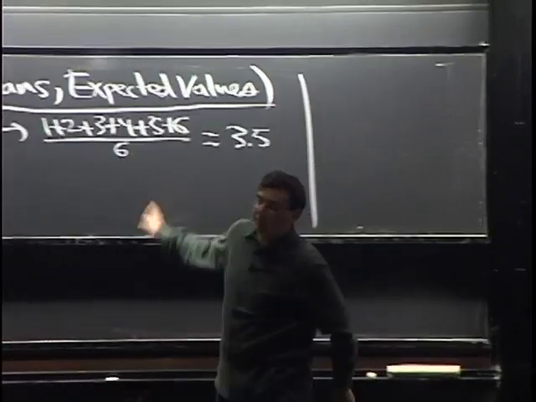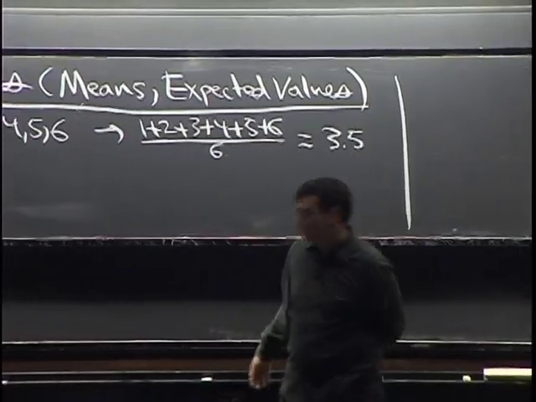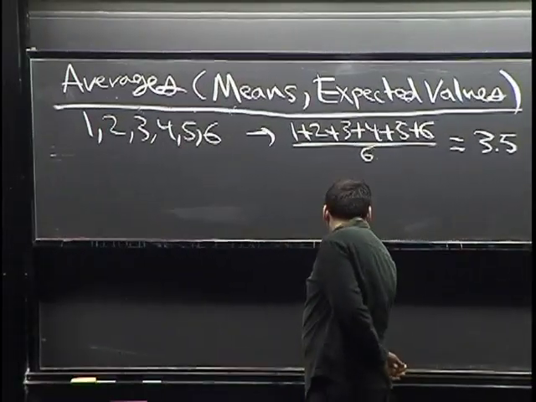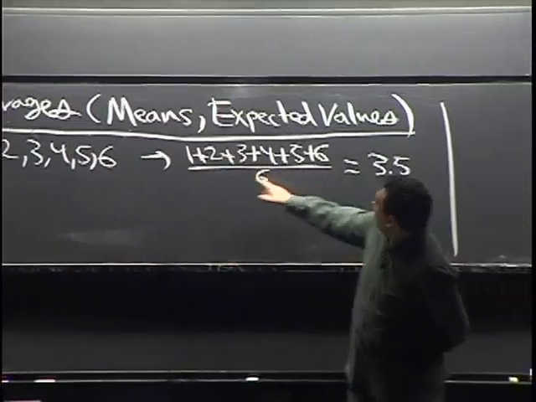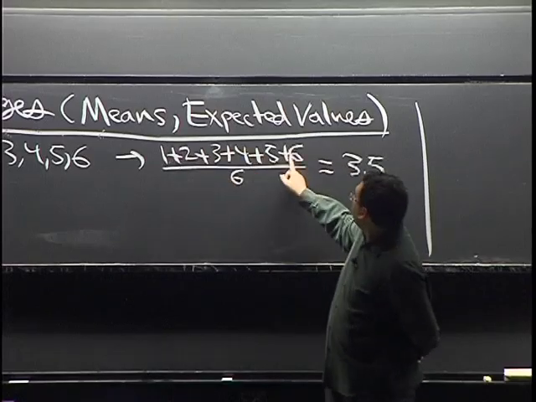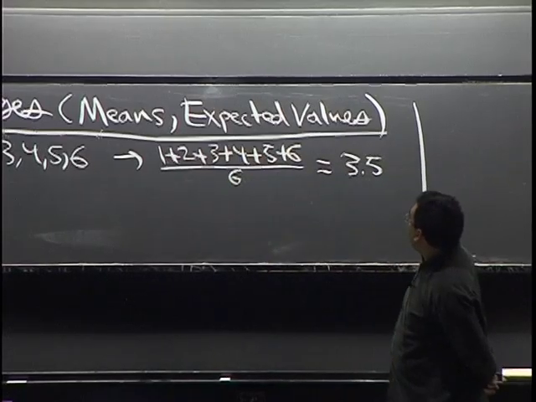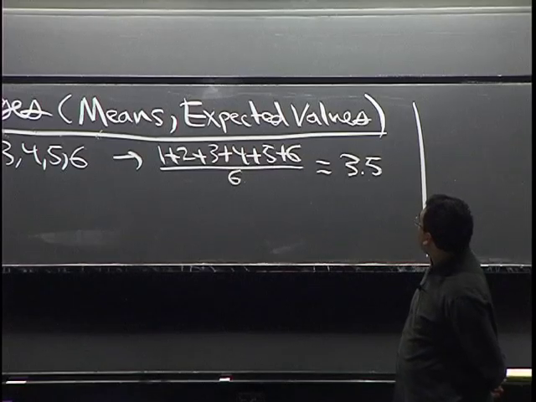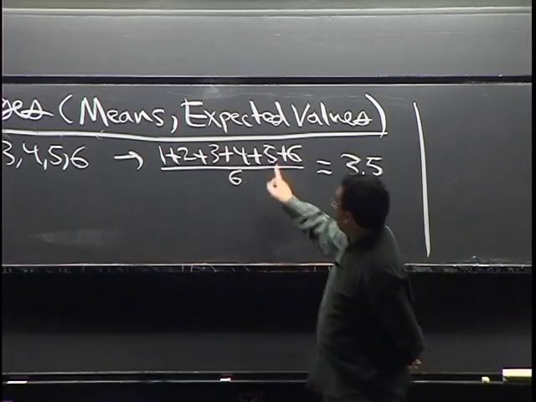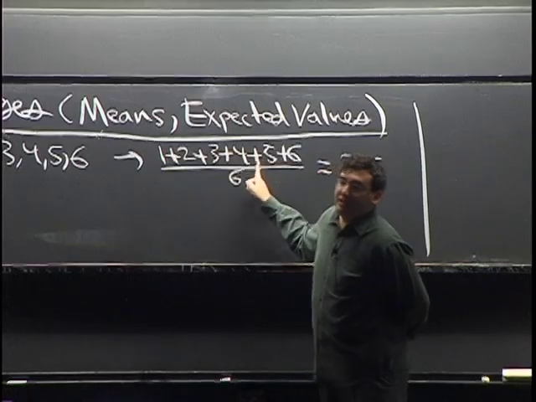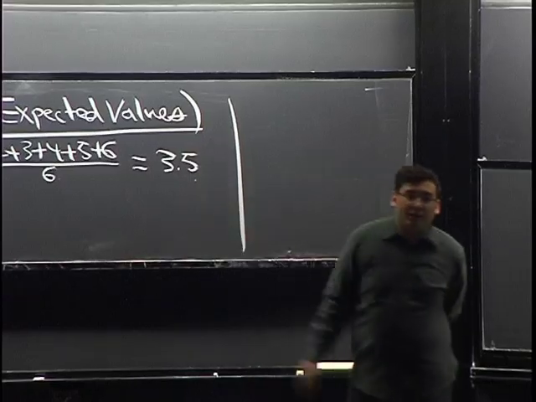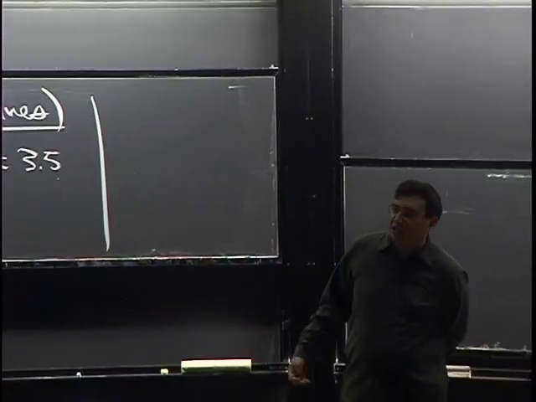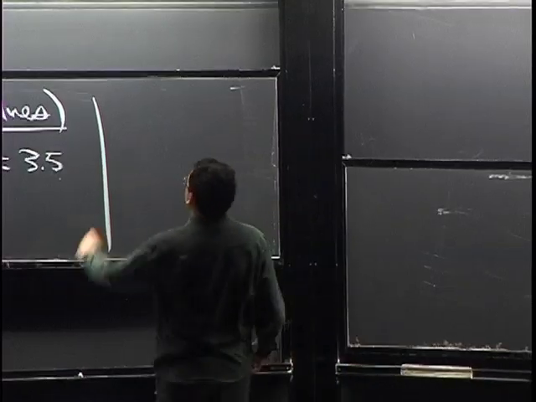Well, that's the starting point of averages. Very, very simple. And by the way, does everyone know that if you want to do this, you don't actually have to add up all the numbers? You can just add the first one and the last one and average those. That is, the average of 1 and 6 is 3.5. That's true for any arithmetic sequence.